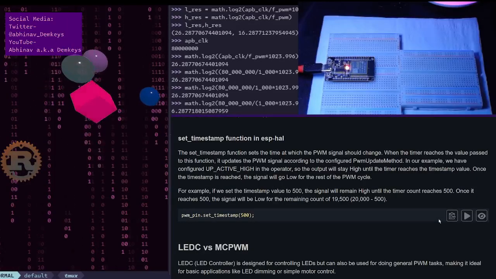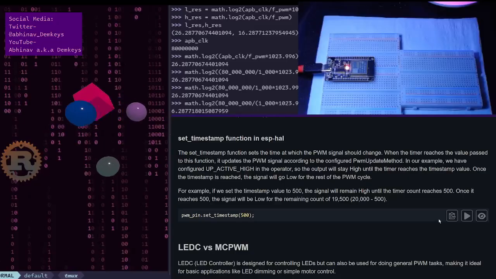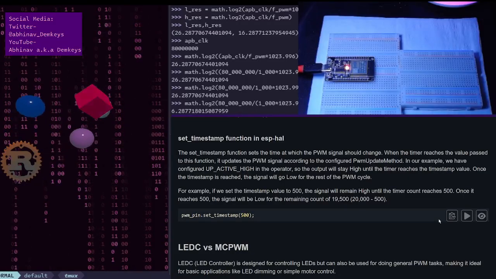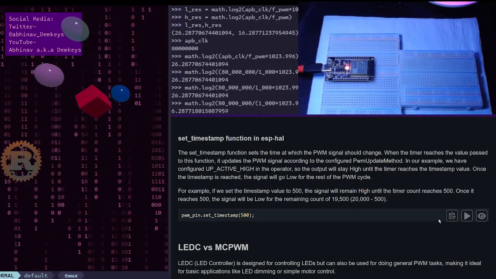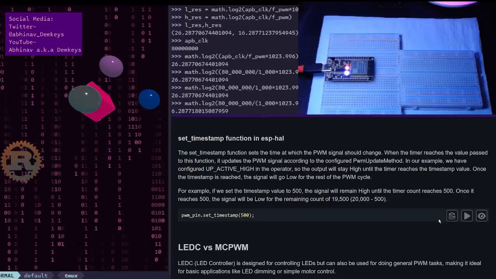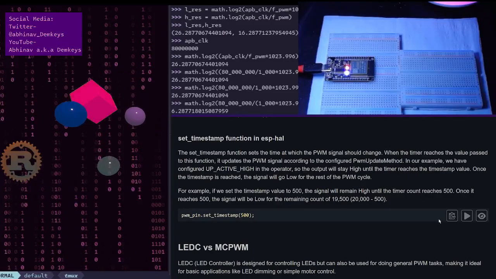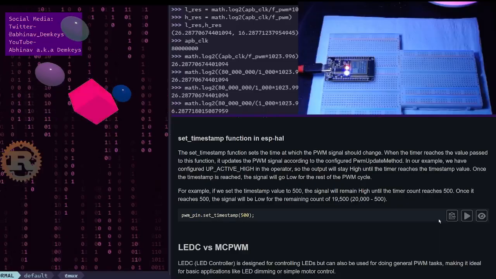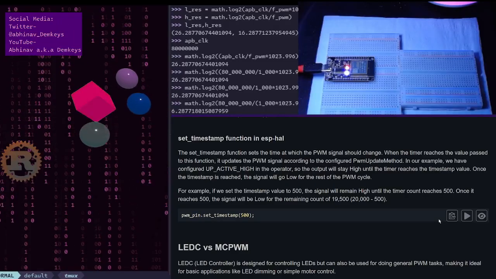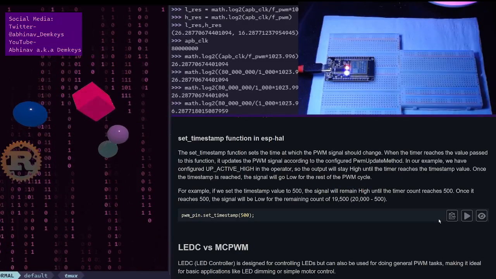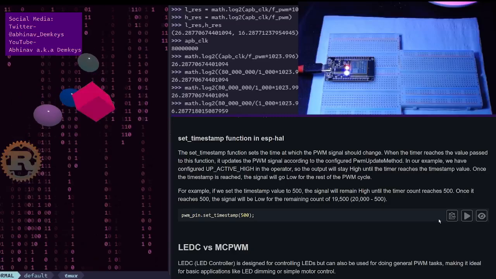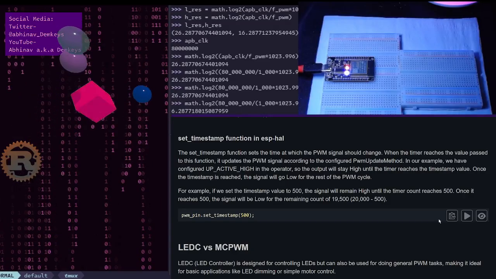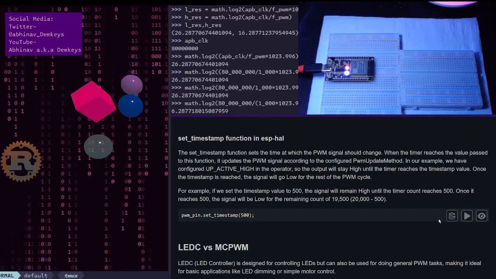I feel like we're going to be coming back to this quite a lot, just for reference. But yeah, a set timestamp function in ESP-HAL. The set timestamp function sets the time at which the PWM signal should change.